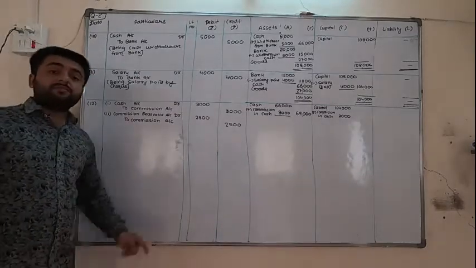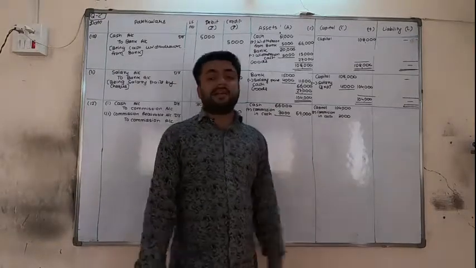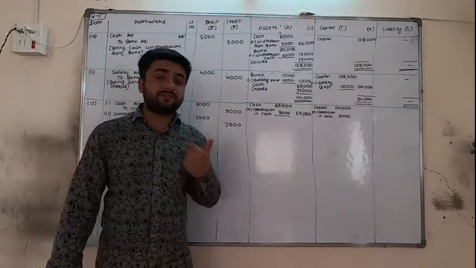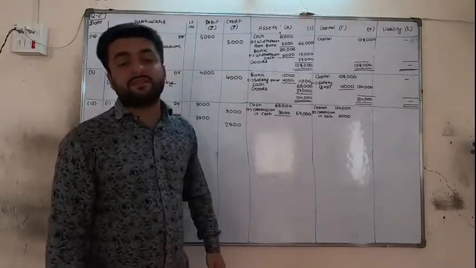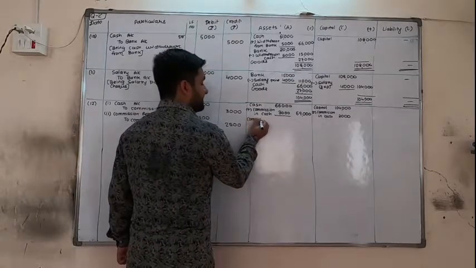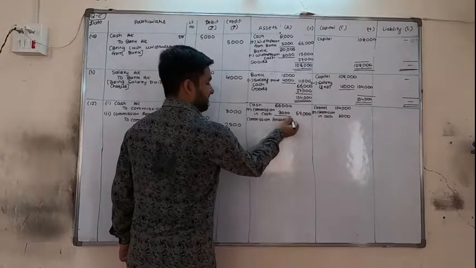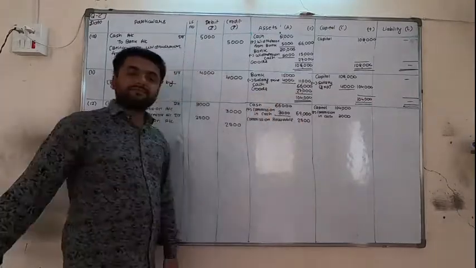Now here, commission receivable. Now you have two aspects, assets and liability. Commission is not received, it is receivable in future, so it is receivable. As Jasmine was receivable, now commission is receivable, so it is our asset. What we have not received and is receivable in future, it is our asset. So commission receivable 2,500.